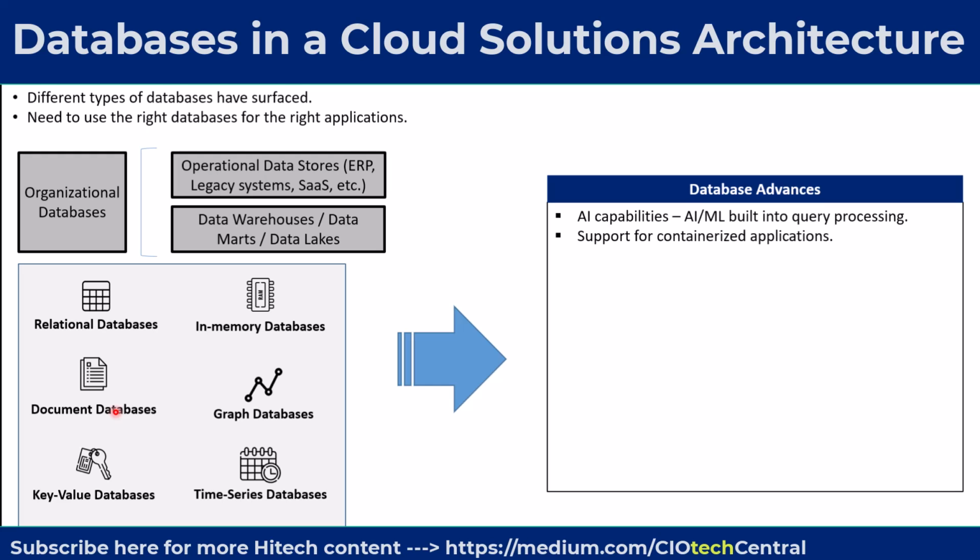They are building support for containerized applications and how containerized applications access data. To better manage the increasing data volumes, databases are building better compression techniques to help control the increasing storage requirements. New databases also have reduced operational overhead due to built-in features and capabilities such as automated troubleshooting and administration.